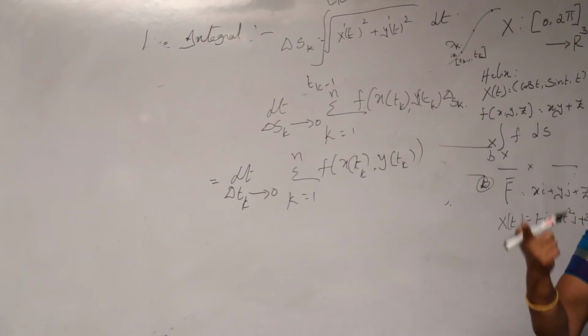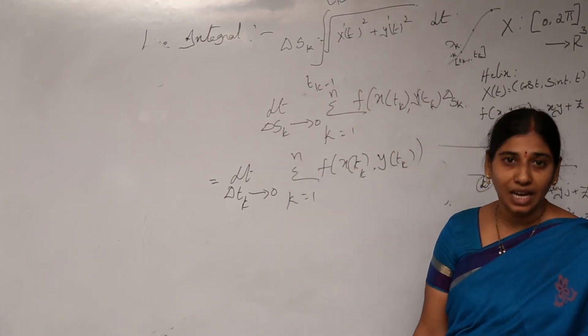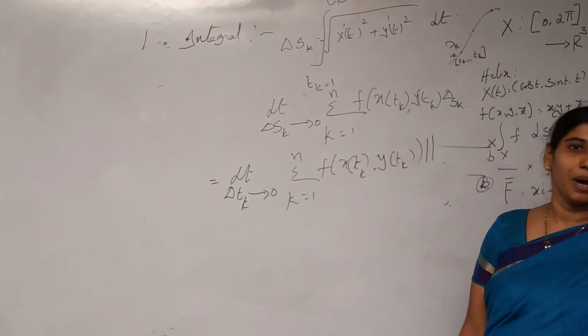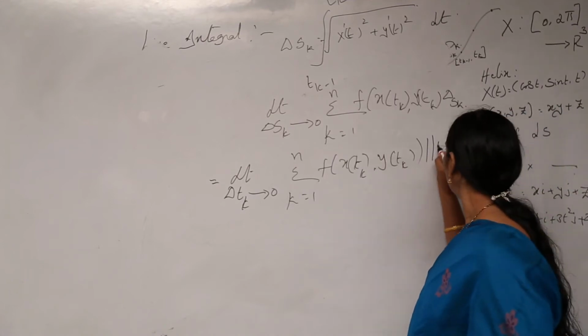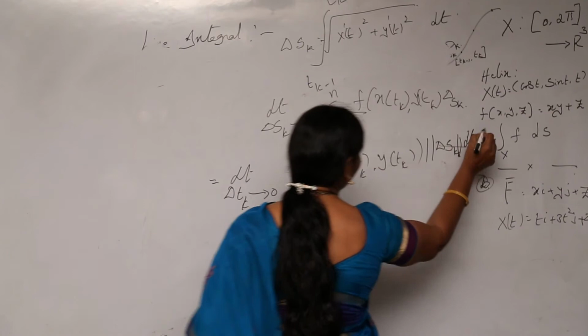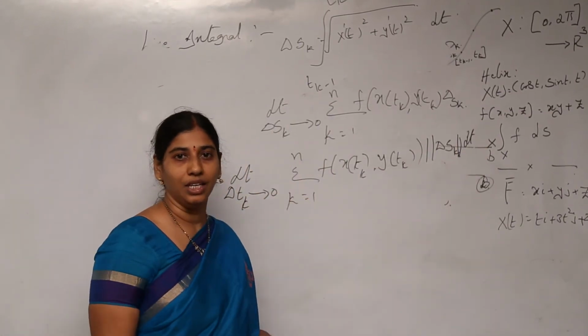But what is delta sk? Delta sk is nothing but the length of the subarc. I denote the length of the subarc with the norm, so norm of delta sk of dt. If this limit exists, then that limit is called the line integral.